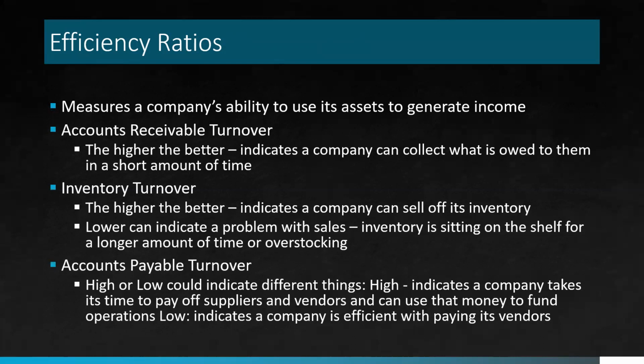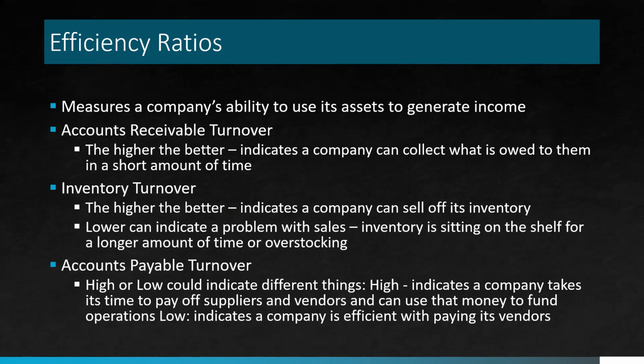Inventory turnover also indicates how quickly a company can sell off its inventory. A lower inventory turnover can indicate a problem with sales. It can mean that inventory is sitting on the shelf for a longer amount of time, or you're overstocking, and that can tell the company, well, if we're not selling our inventory in X amount of time, maybe we don't need to keep so much in inventory.